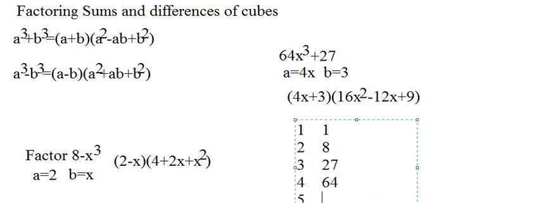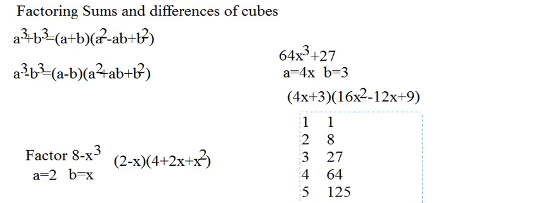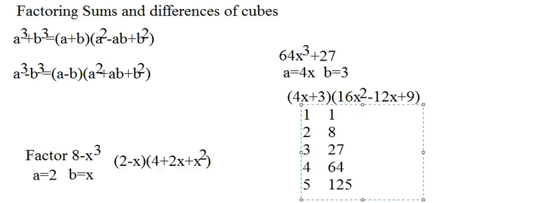And 5 gives you 125. Those are by far the most common ones. So 1 cubed is 1, 2 cubed is 8, 3 cubed is 27, 4 cubed is 64, and 5 cubed is 125. Alright, so now you have everything you need and you can finish your study units.